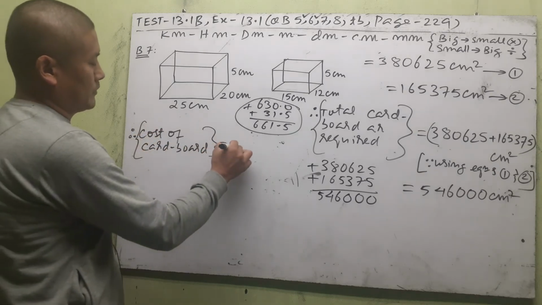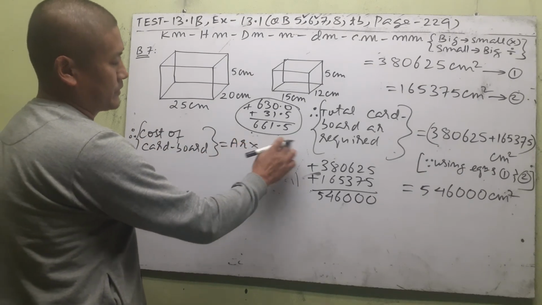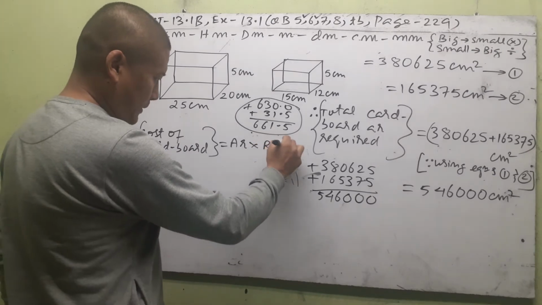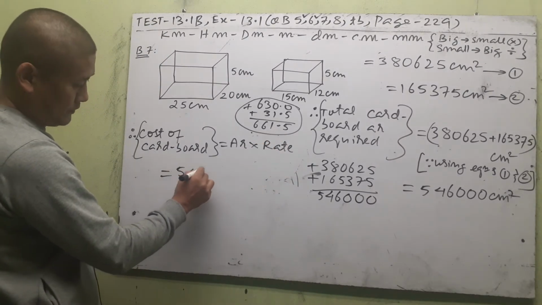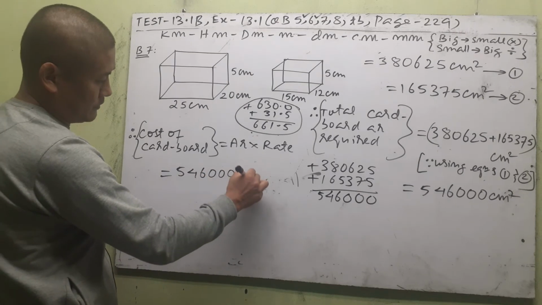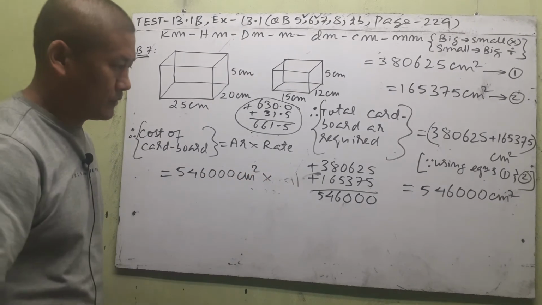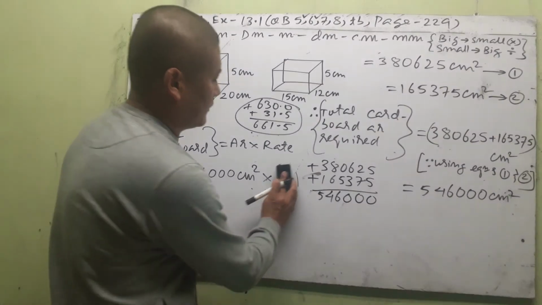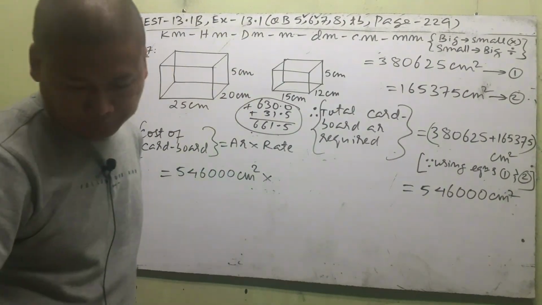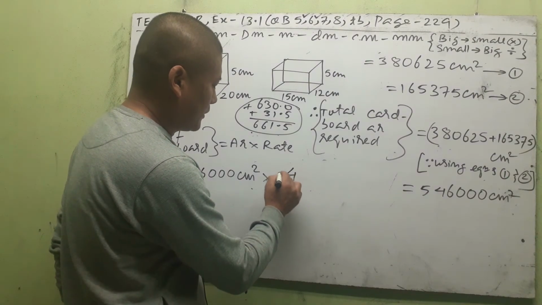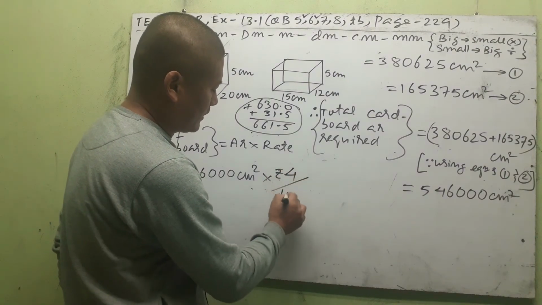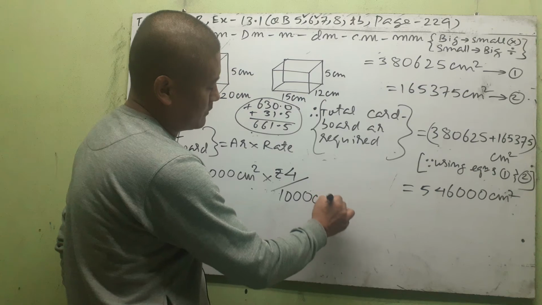We know cost is always, as we learned in previous, also area multiplied by rate. So total area is 546,000 centimeters square multiplied by the rate, rupees 4 for 1000 centimeters square, means 4 rupees divided by 1000 centimeters square.